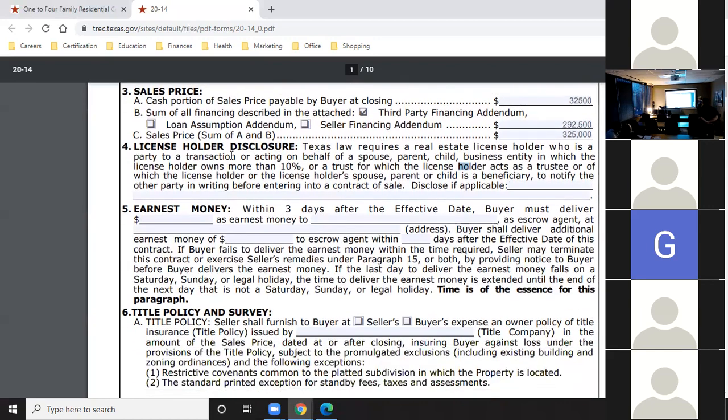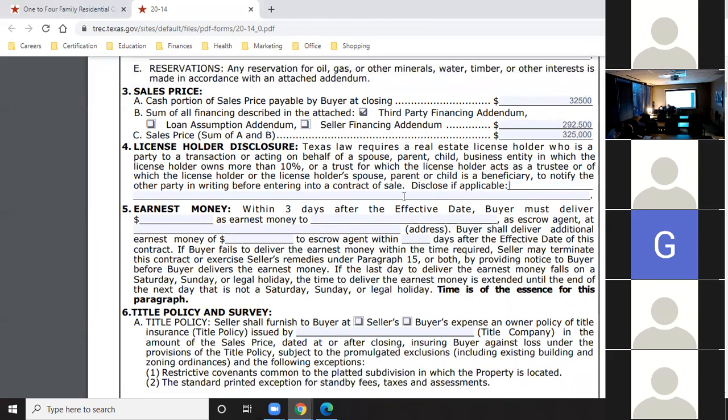All right. Okay, license holder disclosure. Does anybody know what would go in paragraph 4 on the line there for the license holder disclosure? Is anybody related to anybody in here that is an agent? If you are related to the broker, to the agent, anything, that's where that would be disclosed. Is that correct?